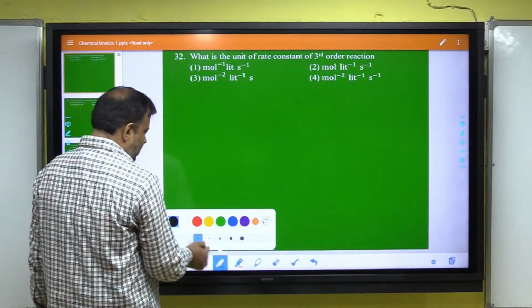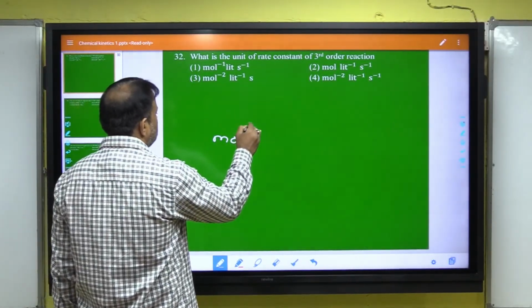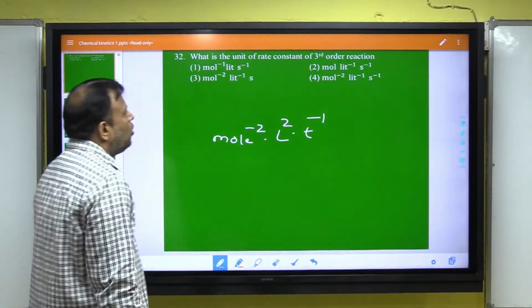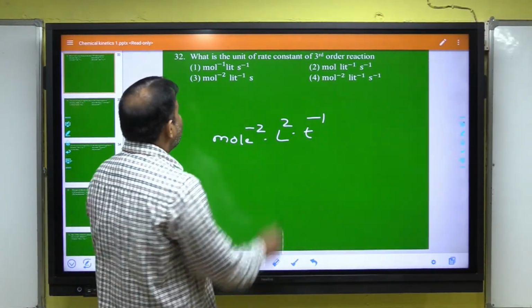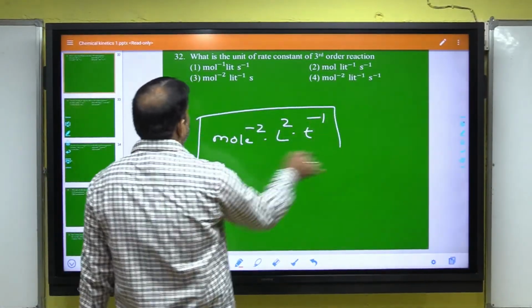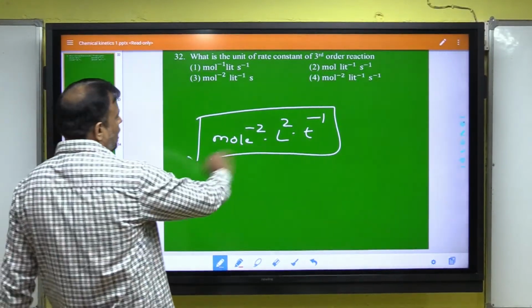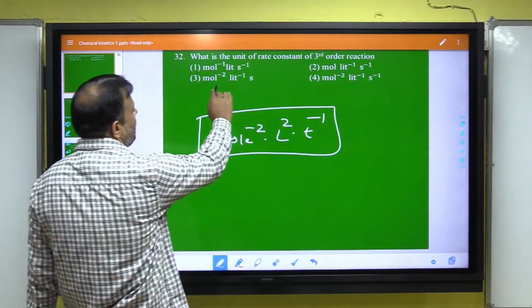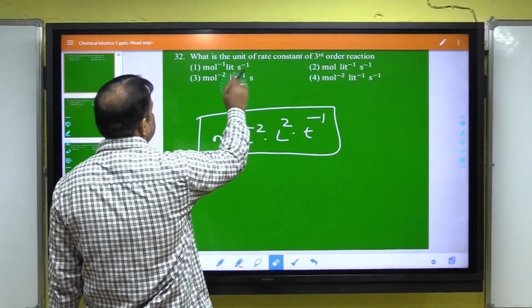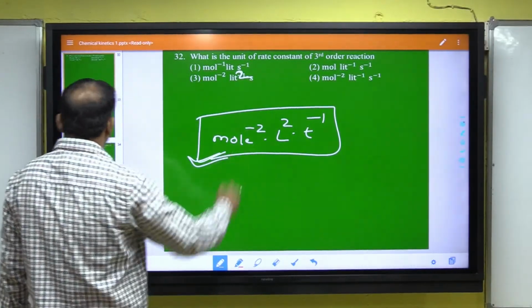For third order, unit of rate constant is mole to the power minus 2 liter square time inverse. The option here is wrong, you will write mole to the power minus 2 liter square time inverse for third order. Clear? Next, correct option 32.